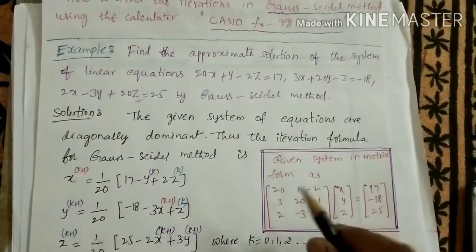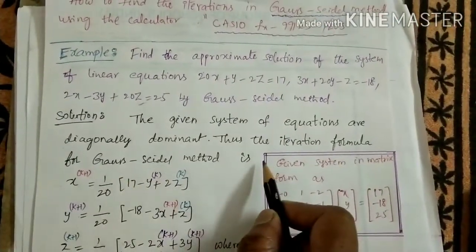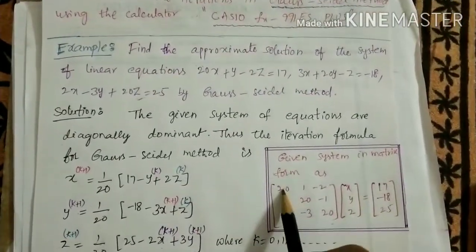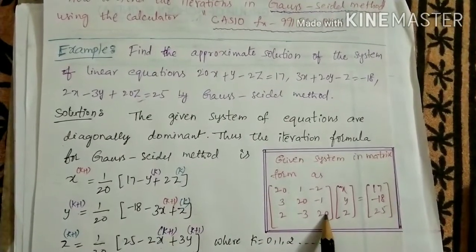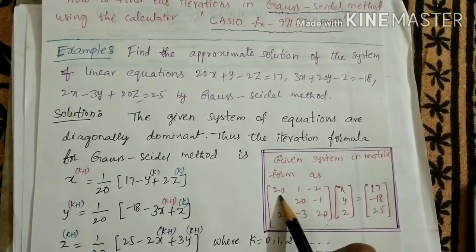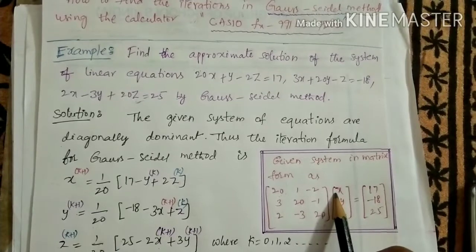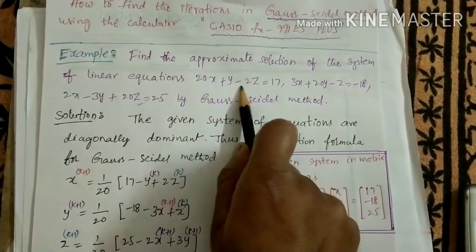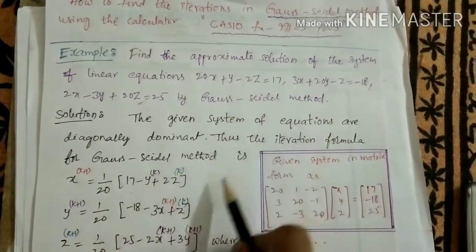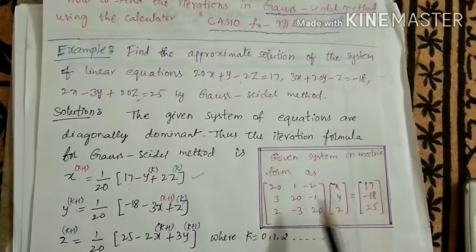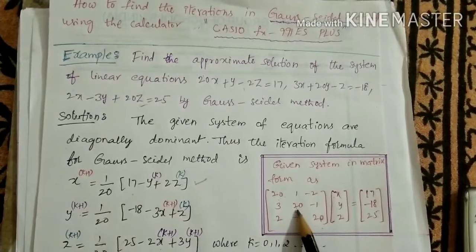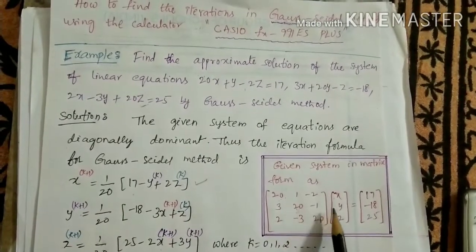So the iteration formula for Gauss-Seidel method can be written as, we need to take the coefficients of dominating elements from each equation. Let us take the first dominating element 20, its coefficient is x. This x is to be written from first equation. From this x = 1/20 (17 - y + 2z). And here another dominating element along the diagonal, its coefficient is y.